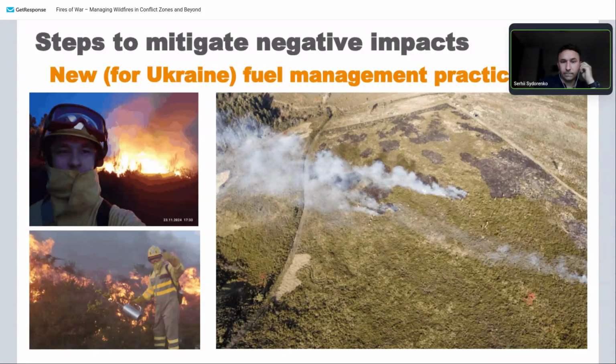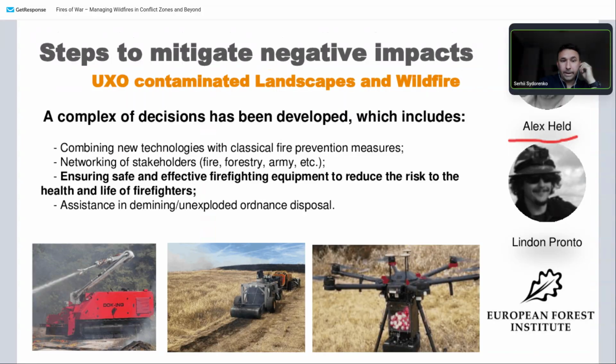Alex and Linden developed a pretty nice toolbox, which is a combination of the classical approach of using fire as a tool for fuel management, but also modern technology like a land robotic system.